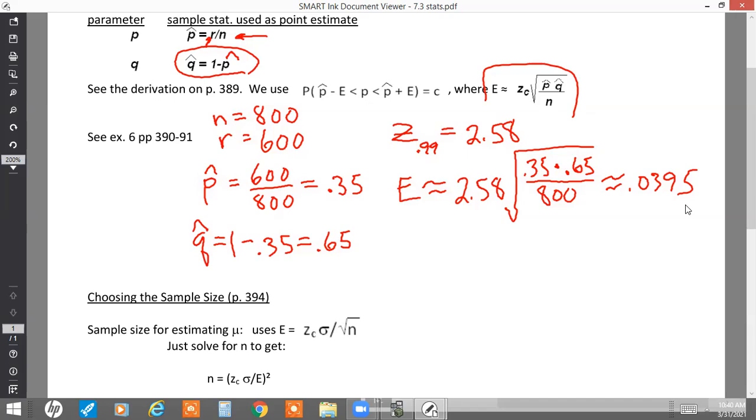You know what? Give me just a second. I gotta go back and change this. I'm sorry. I gotta change this too. Again, because I mixed up examples. That p hat 600 over 800 is actually 0.75. And this is actually 0.25.